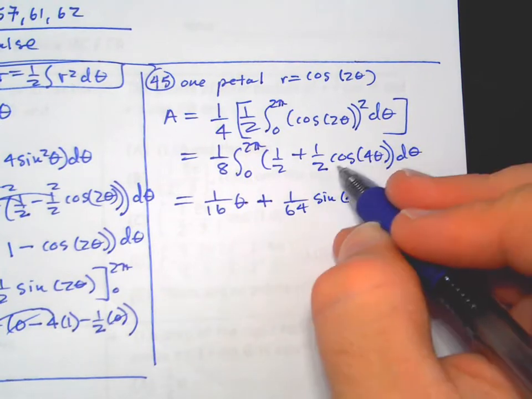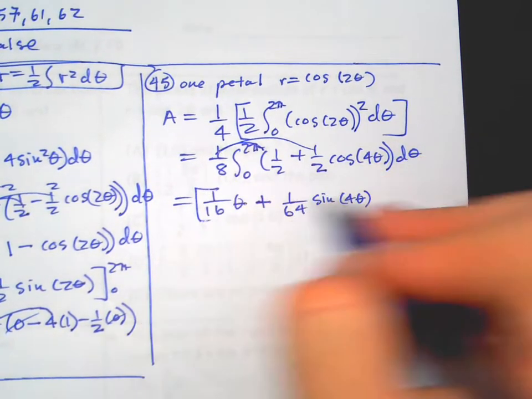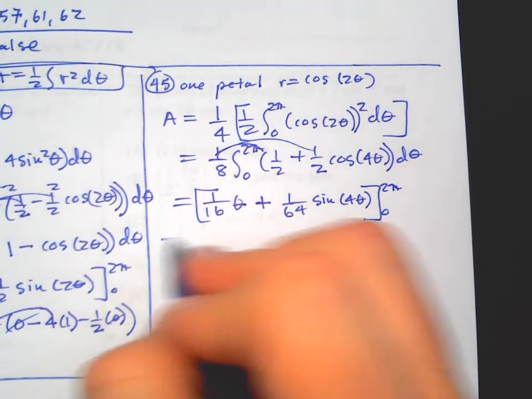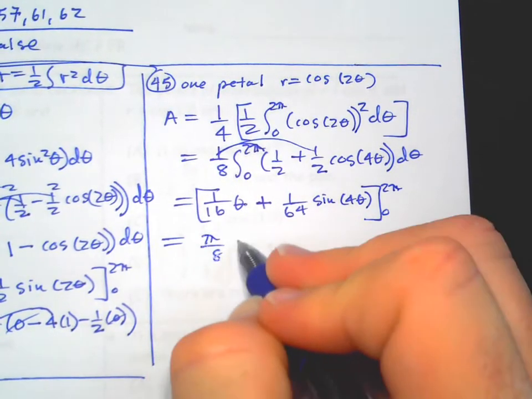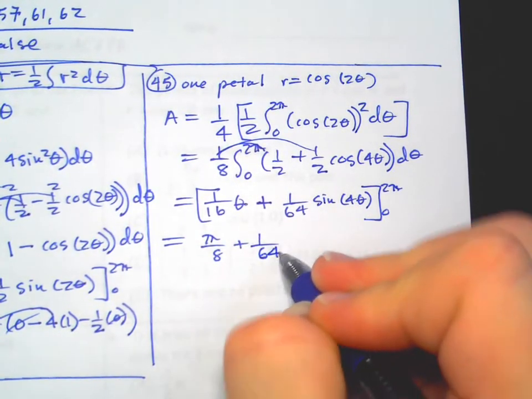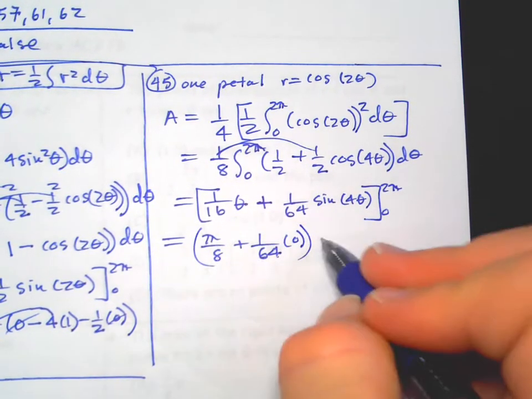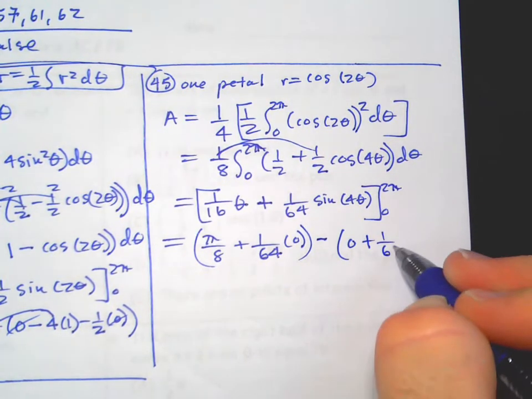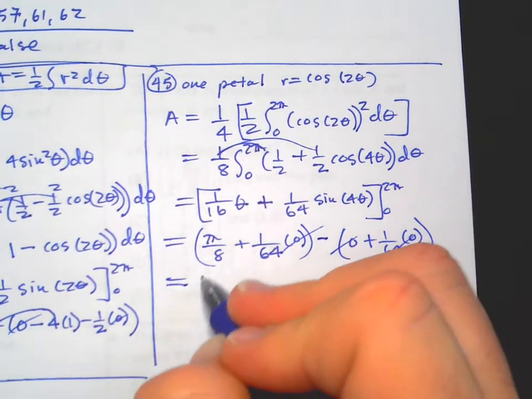Because you get extra divided by 4, which would make this 8, and then you also have this other 8 here. I mean, you can distribute the 1/8 later if you want. So we get pi over 8 plus 1/64. The sine of 8 pi is 0. Plug 0 in, sine 0 is 0. So we get pi over 8.